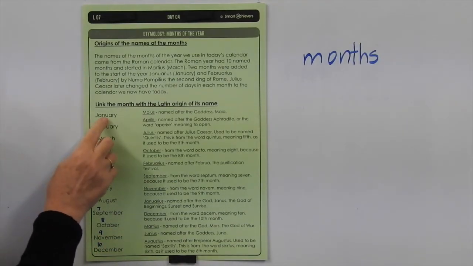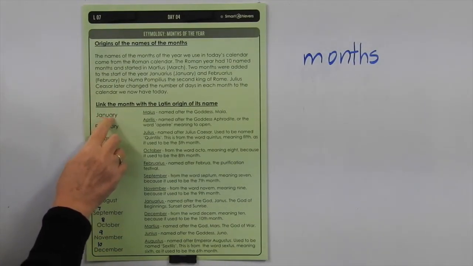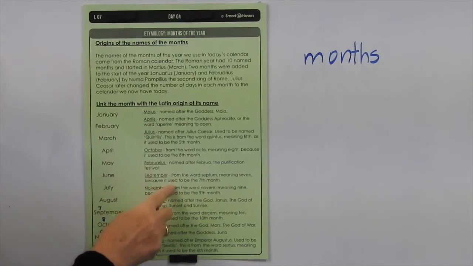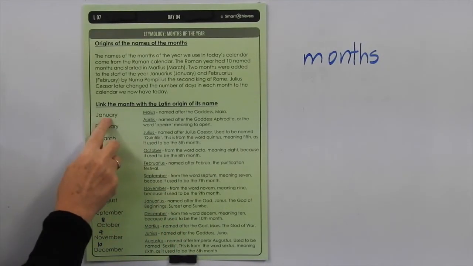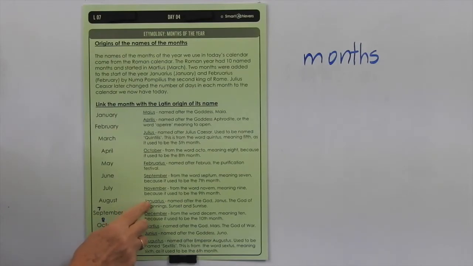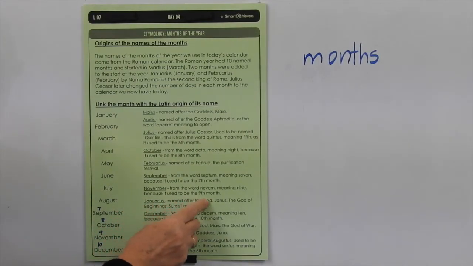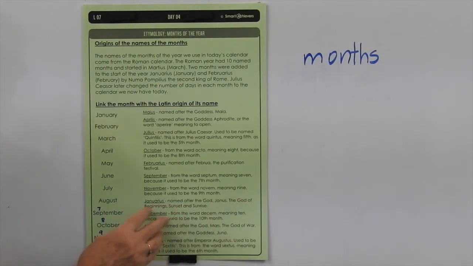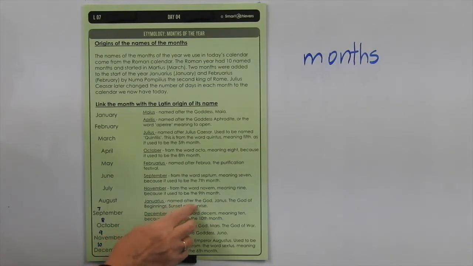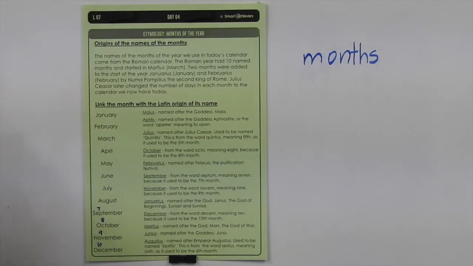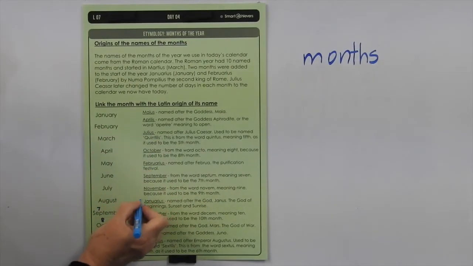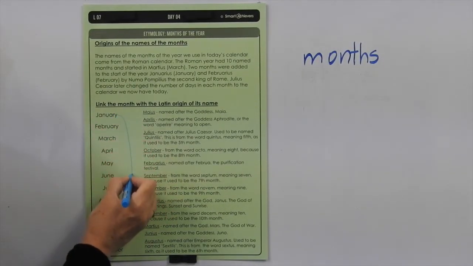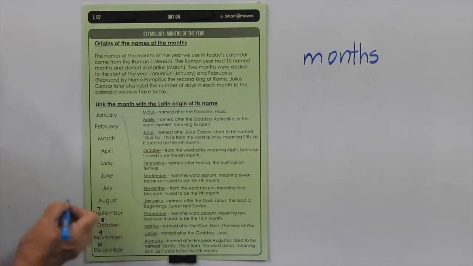So now what you have to do here is look at the month and find where that word came from. So January comes from Januarius, named after the god Janus, the god of beginnings, sunset and sunrise. So that makes sense. Okay, so you'd have to join a line from the word to where that word came from.